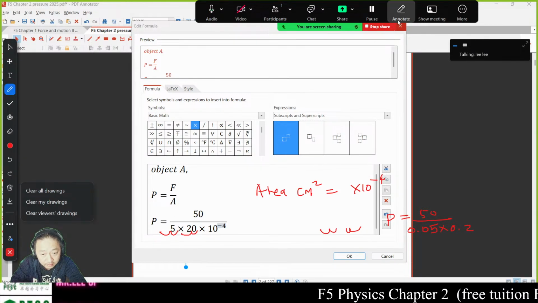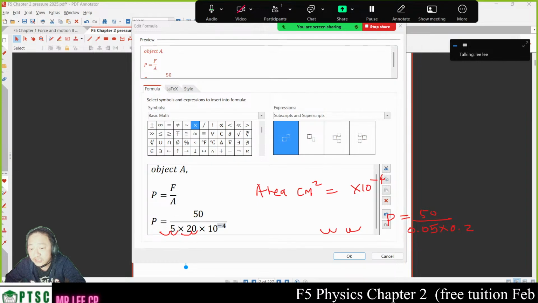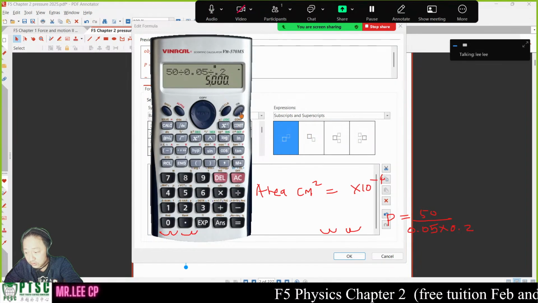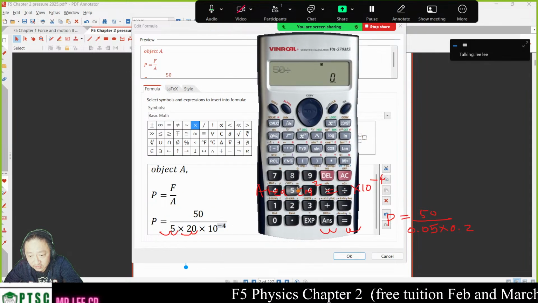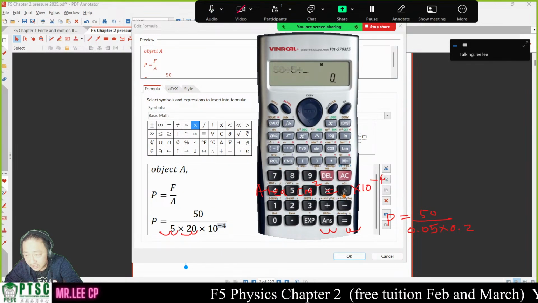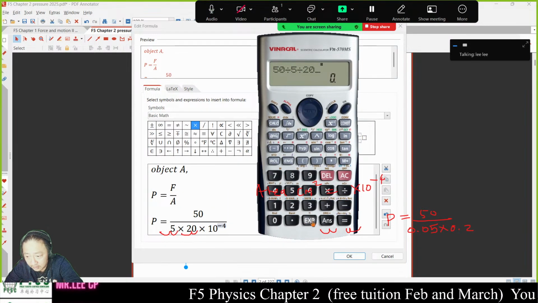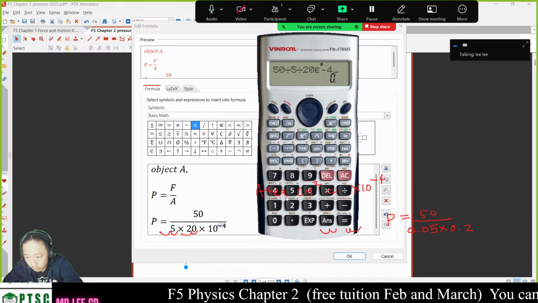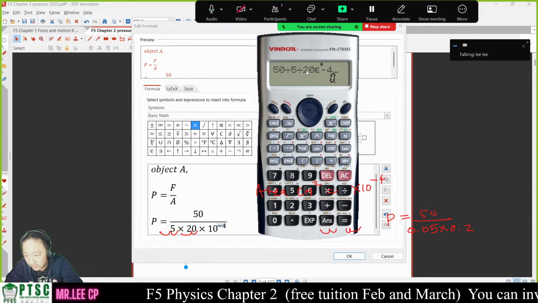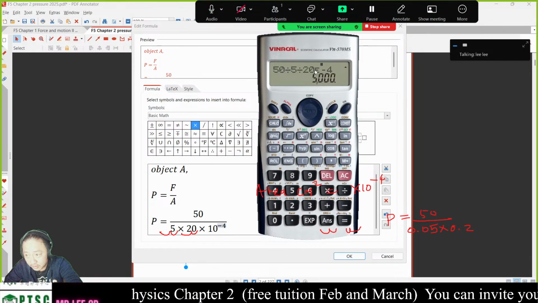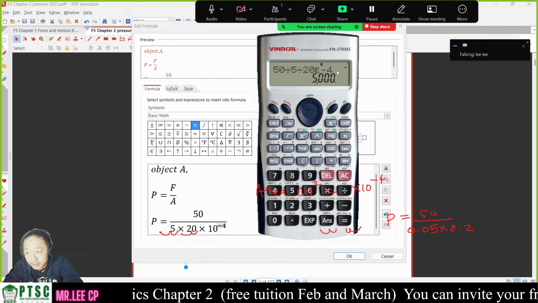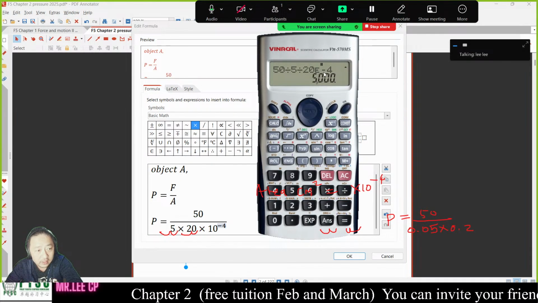Alright. So I try whether it is the same as 5,000 or not. See. 50 divided by 5 times 20 exponent negative 4. So you have to write exponent negative 4. You cannot write times 10 to the, you just write exponent negative 4.